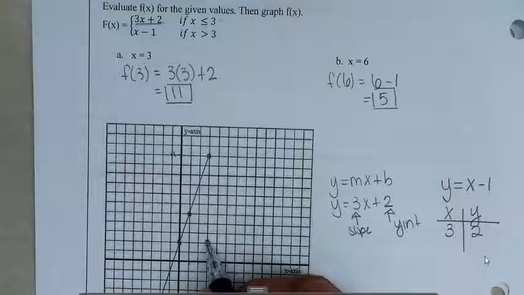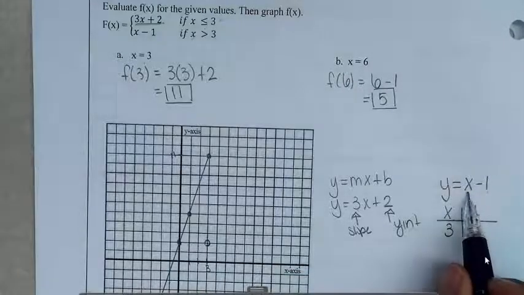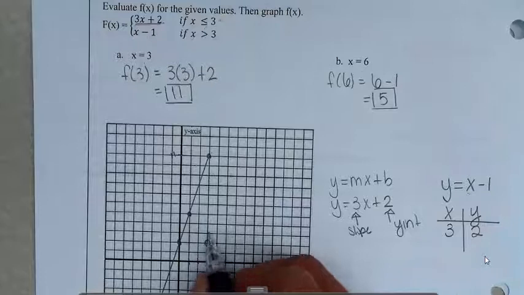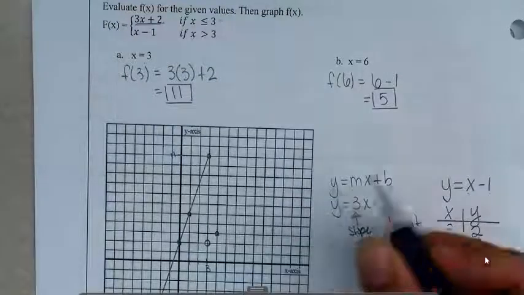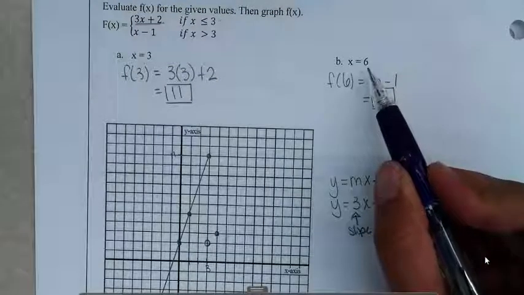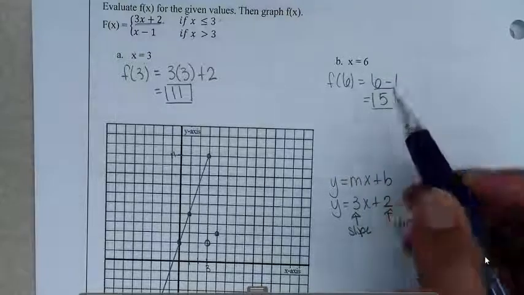Now from that point, I can use my slope to get another point. So I can just go up 1 over 1. I also already evaluated, so when x equals 6, I know that my output's going to be 5.